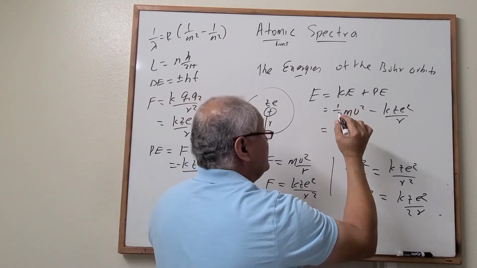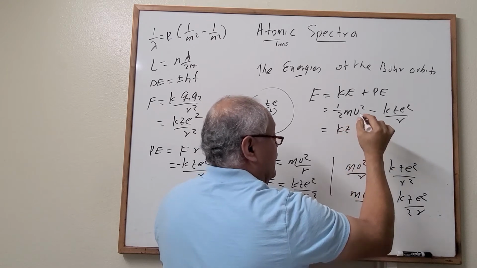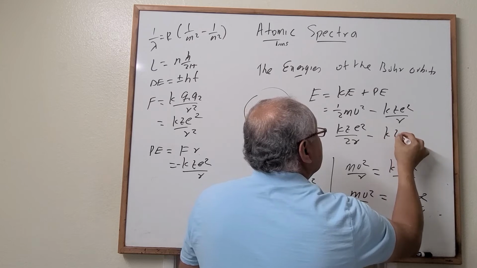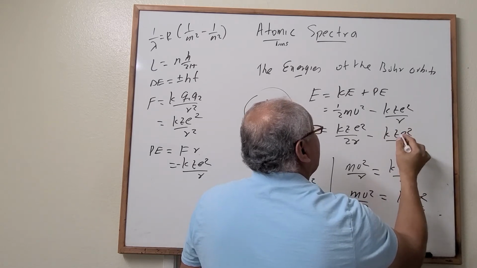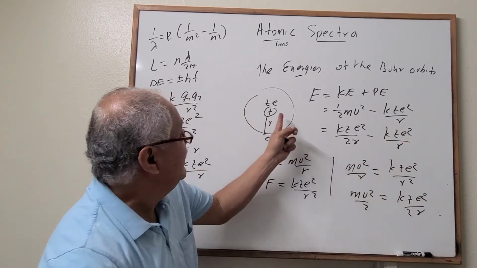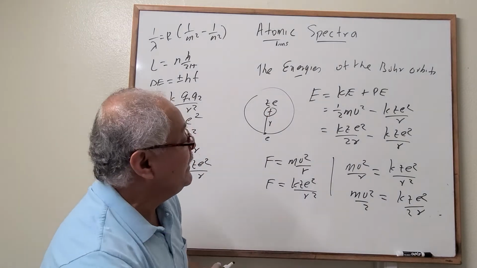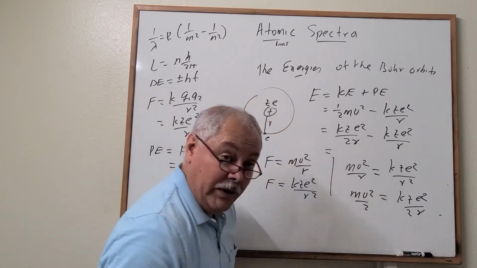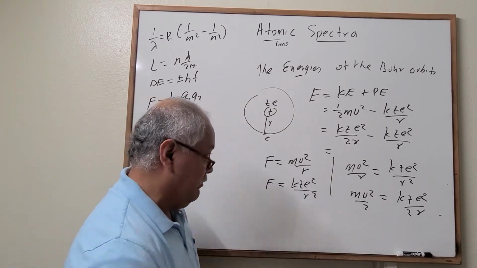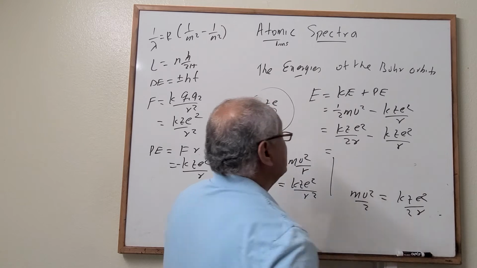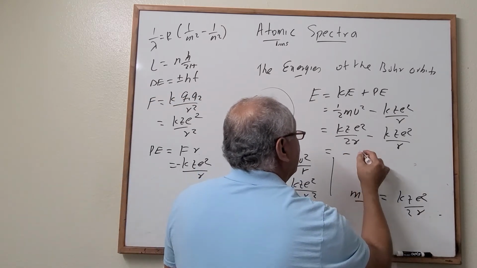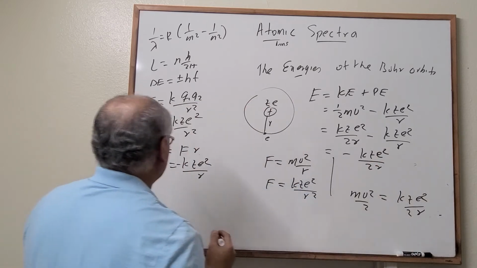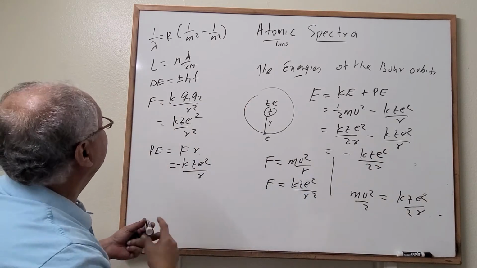The total energy is equal to K Z e squared divided by 2R minus K Z e squared divided by R. Remember, Z is the number of protons. Okay, perfect. And from here, we find that the total energy of this system is equal to negative K Z e squared divided by 2R.